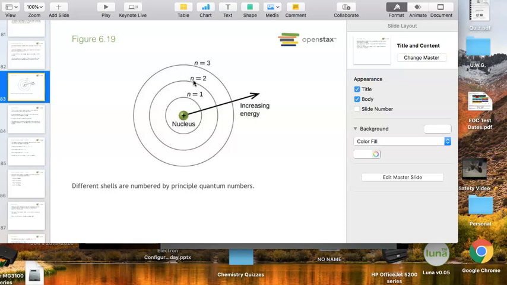It has more energy than n equal to 1, but less than n equal to 3. And then, of course, n equal to 3 has the highest energy value in this example. Each energy level is referred to as a shell. So here we have 3 different shells that represent this atom.